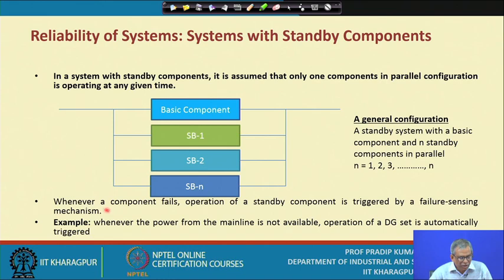For example, whenever the power from the main line is not available, operation of a diesel generator set is automatically triggered. There are many such examples where we have created systems with standby components. Now the question is how to measure the reliability of such a system.